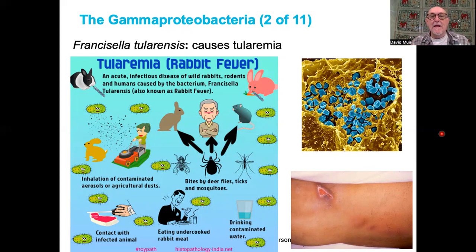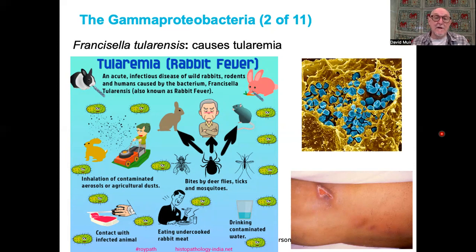But in actual fact, Francisella can infect many different rodents. And it can be passed into the populations of predators, rather, on those rodents, like ticks and mosquitoes, as well as fleas.